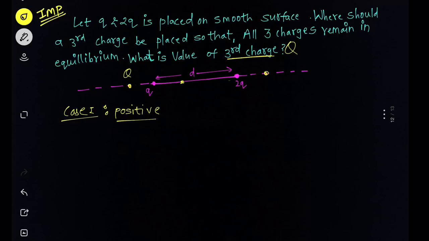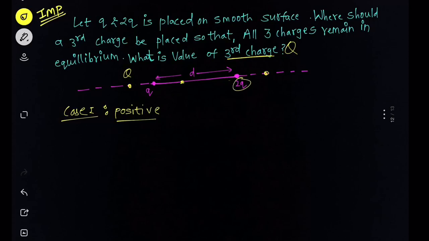So let's consider small q charge. What are the forces acting on this? From capital Q, if it is positive, it will repel the charge towards right, and 2q will repel the charge towards left. So both the forces are in opposite directions, so they can cancel out each other according to the position and value of capital Q. So small q can be at rest with this arrangement, but one minute, we have to consider the whole setup.